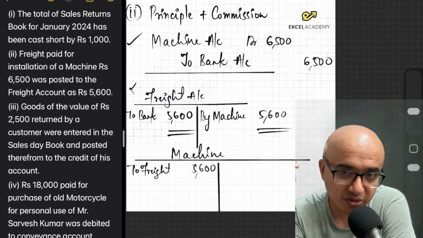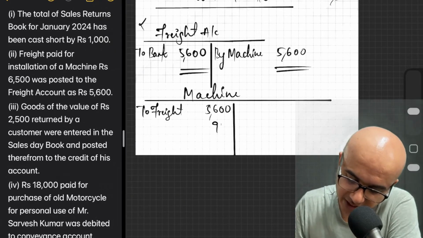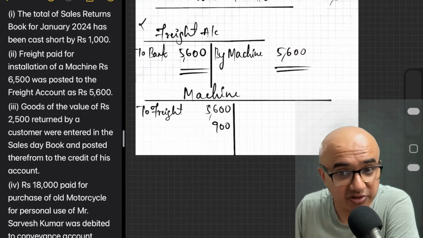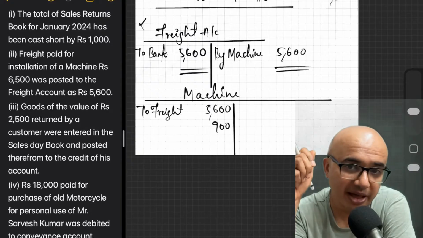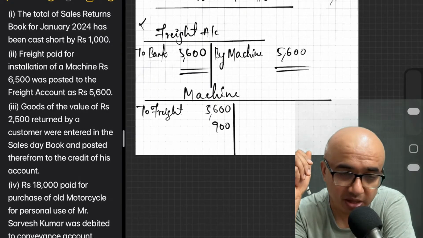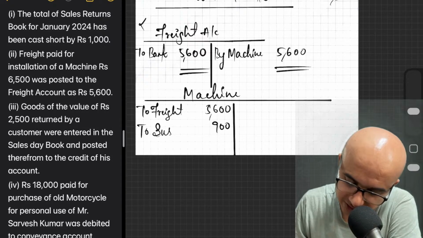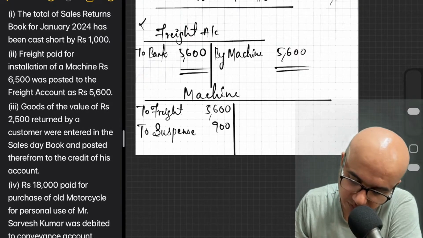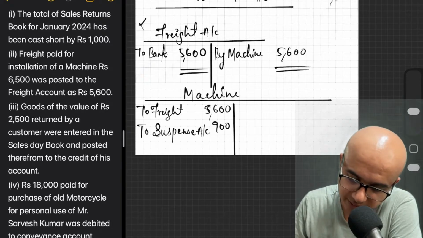Right now, we have only rectified to the account of 5,600. So that means still 900 is pending. Again, we can't use bank account because if you write to bank, you'll have to again post it in the bank account also by duplicating the same. So it makes no sense. So therefore, write to suspense account. That's it. So now it has been correctly rectified.